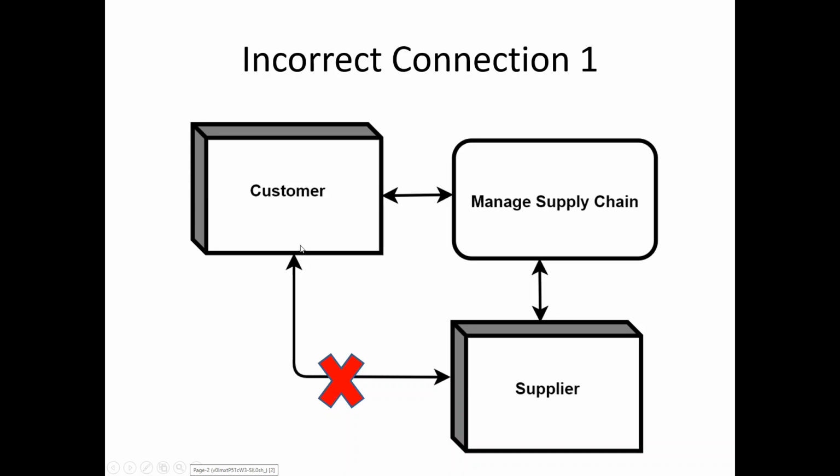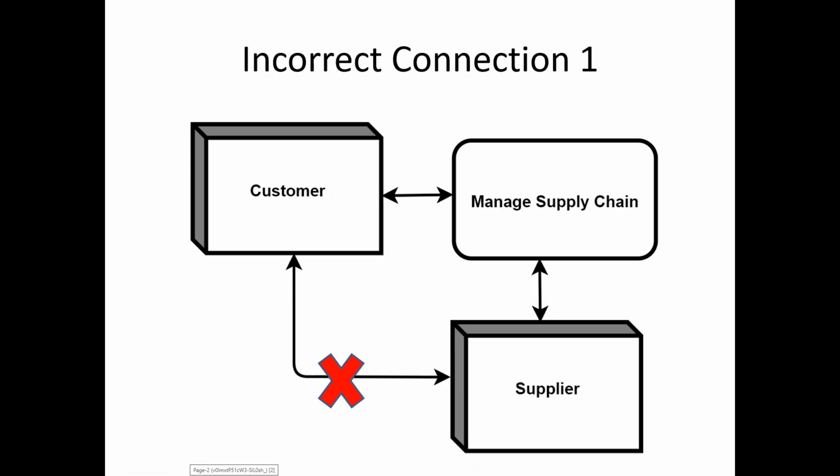But as you can see, in this diagram, the two external agents communicate with each other directly. This link is wrong because the sender and receiver are both external agents, and based on the rule, at least one of them must be a process.